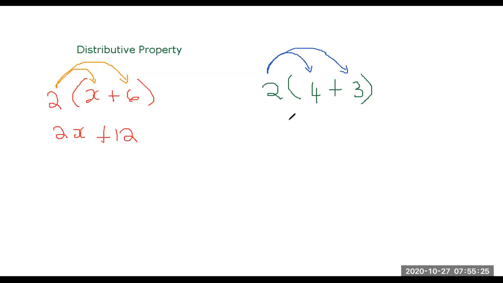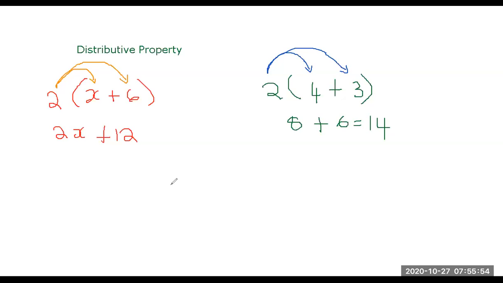So then this gives me 8, because 2 times 4 is 8, and then 2 times 3 is 6, which equals 14. Let's do one more example, and then we'll turn it up a notch and put in a little bit harder question.